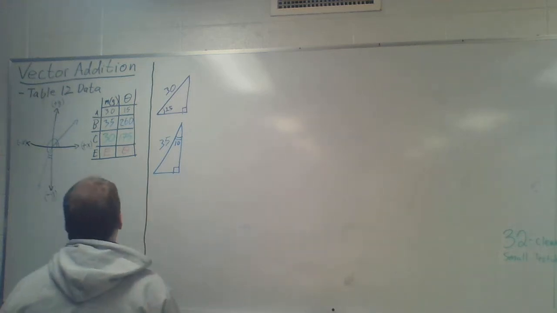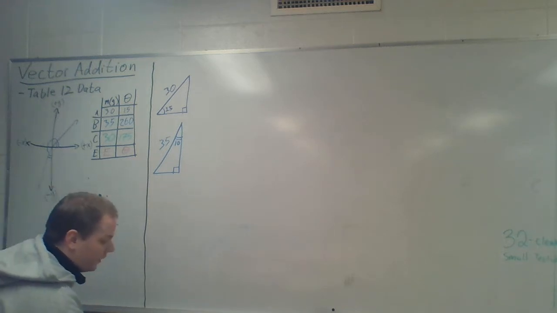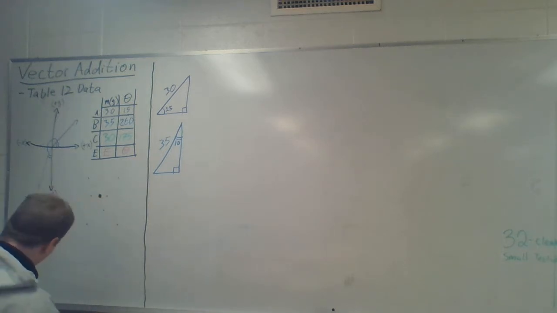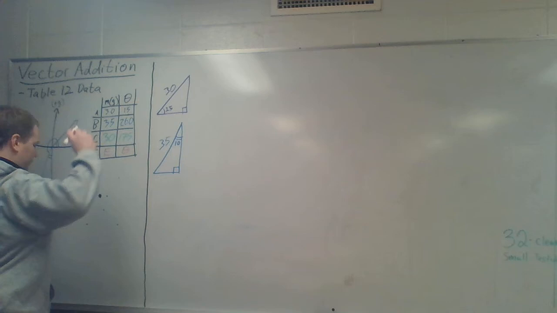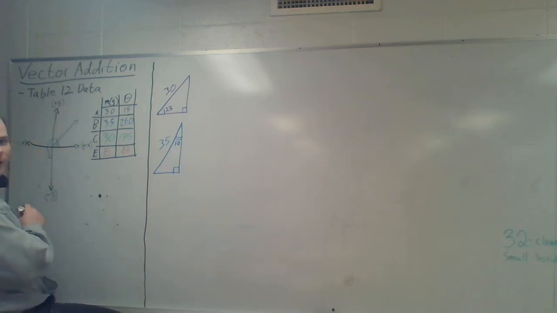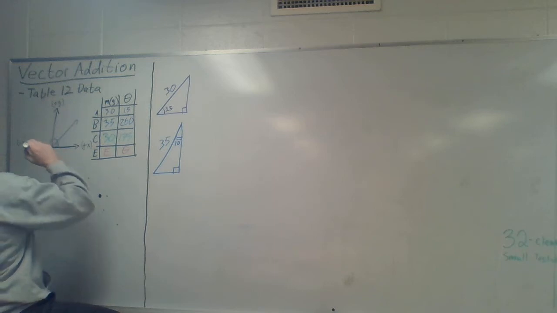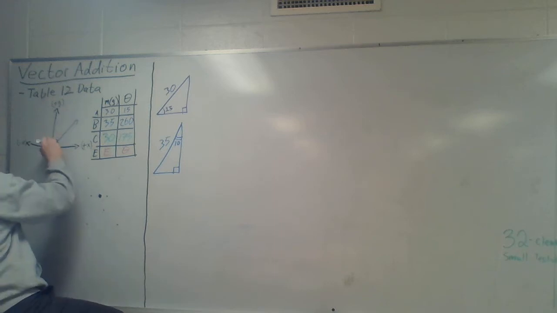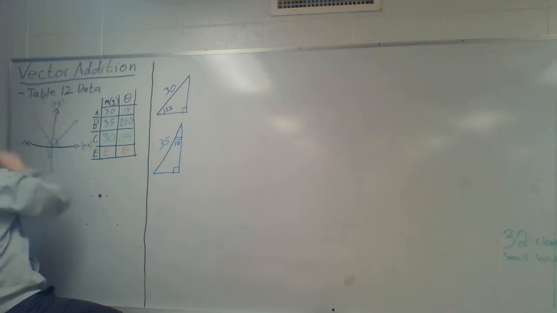So I know that vector E goes off, trying not to fall here. There we go. I know that vector E goes off into quadrant 2. But I don't know its actual magnitude or its actual direction.